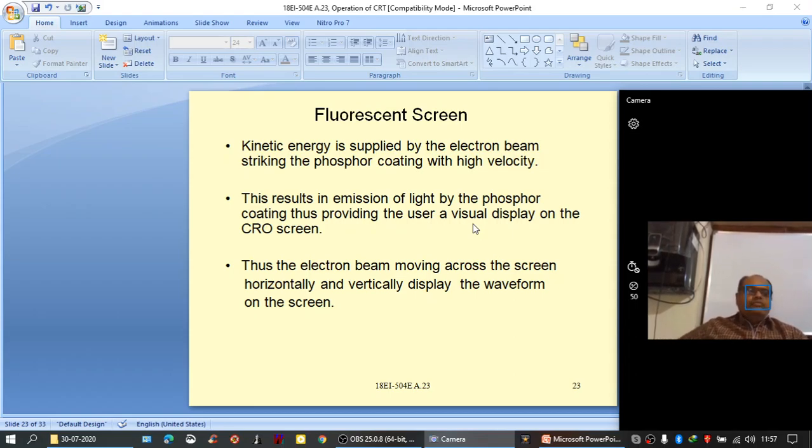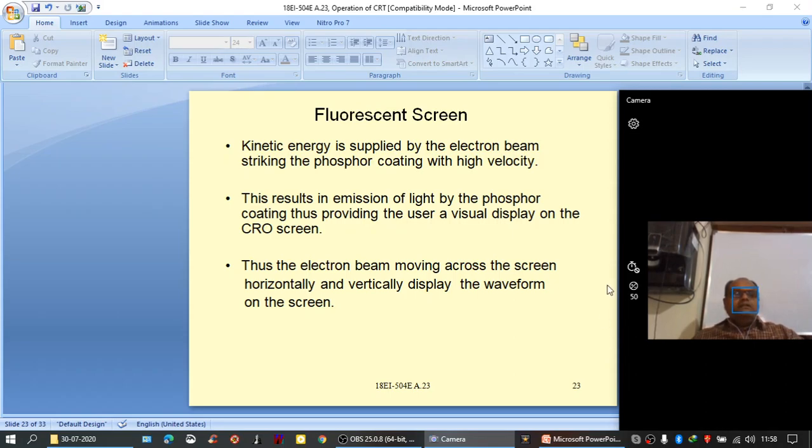And when the electron beam is made to oscillate both in the horizontal and vertical direction, the luminous spot keeps on moving on the CRT screen. And when the persistence time of the phosphor material is higher than the persistence time of the human eye, then the human eye can absorb the entire wave shape, that is, a sequence of luminous spots, without losing any data.